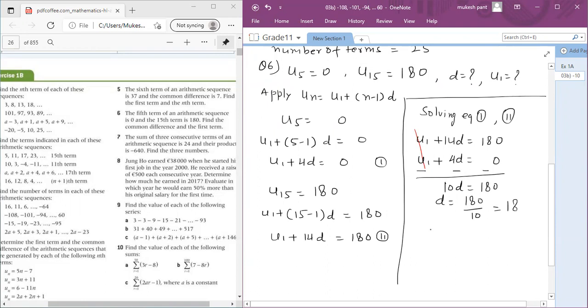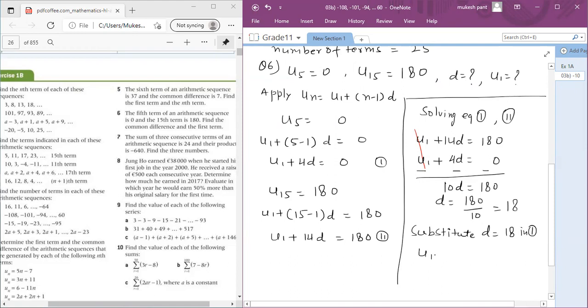Now you can substitute this value in any equation, 1 or 2. Suppose we substitute d equals 18 in equation 1. What is equation 1? u1 plus 4d equals 0.